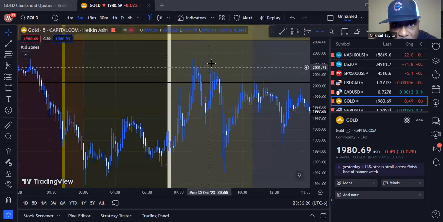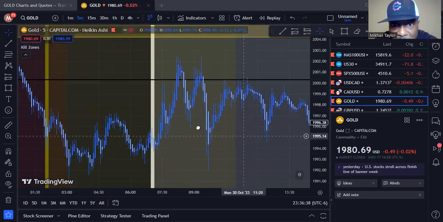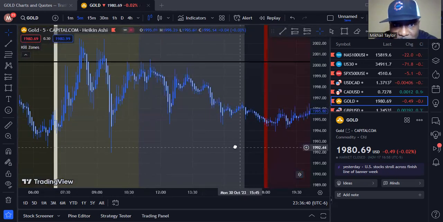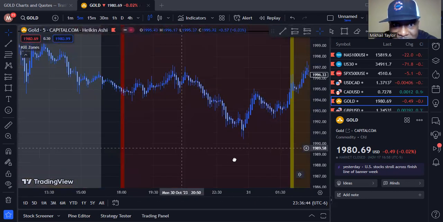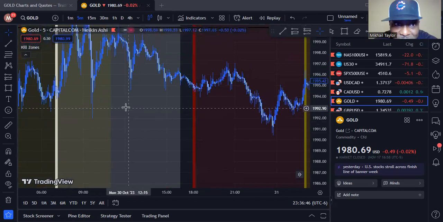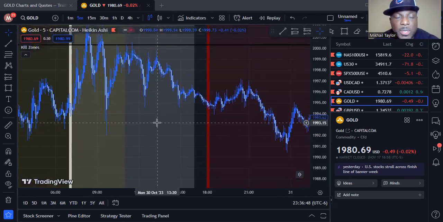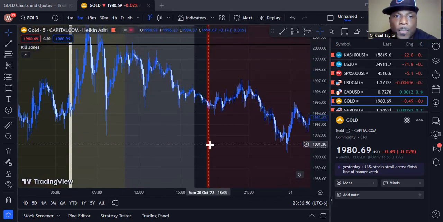So I would have come here, tried to kind of stop anybody out that had a tight stop loss and then went down. So I could have made some here. If I was patient enough, I would have let it come up here, bounce back off of that line, and it would have made its way down. That still would have been a good little run.